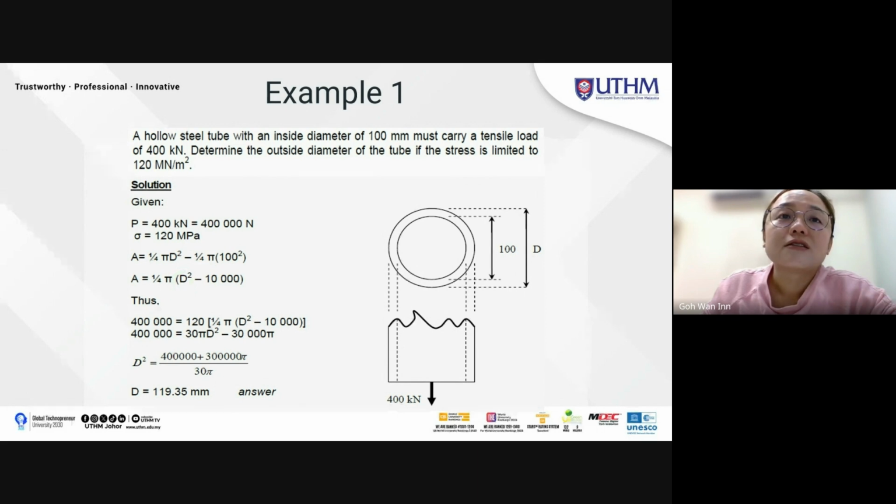So 400,000 is the P, which is equal to 120, because we know the stress is P over A, right?